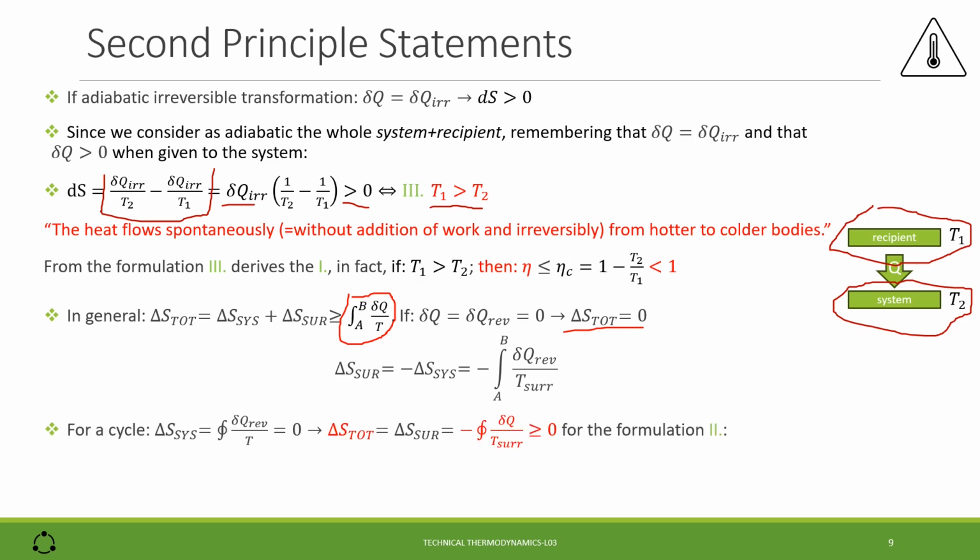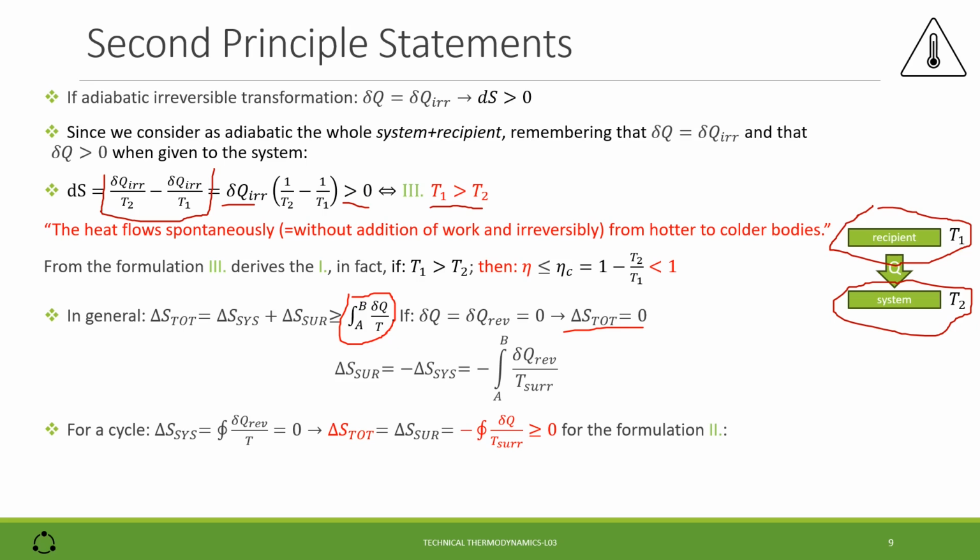For a cycle, delta S of the system is the cyclic Clausius integral, which is 0 because the entropy is a state function. The delta S total is also equal to the delta S of the surrounding, and it is equal to the negative cyclic Clausius integral.